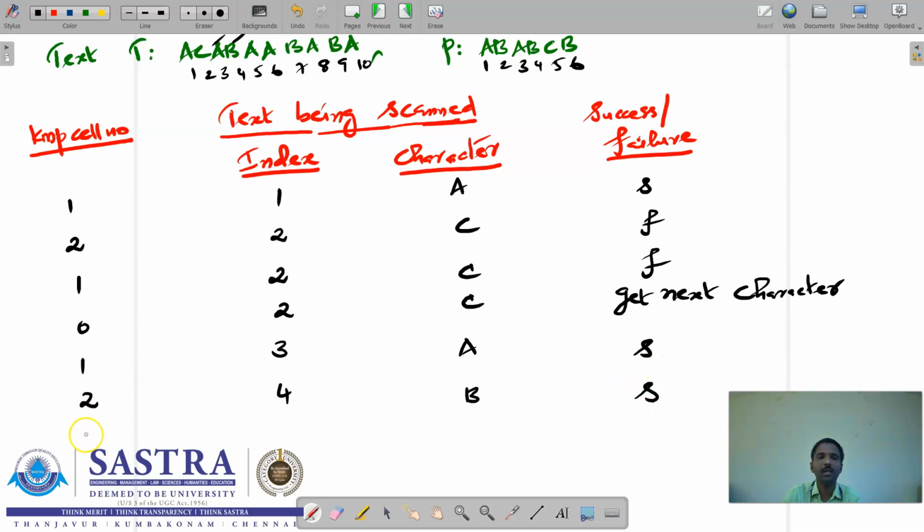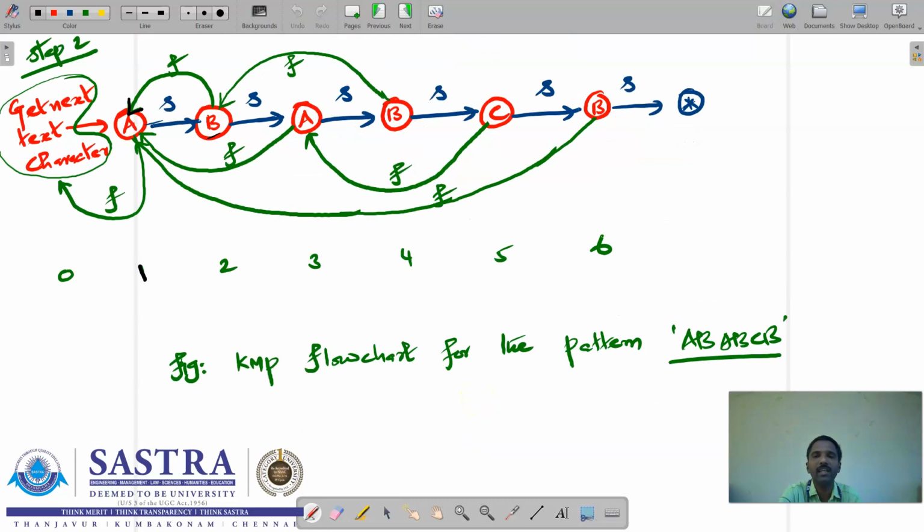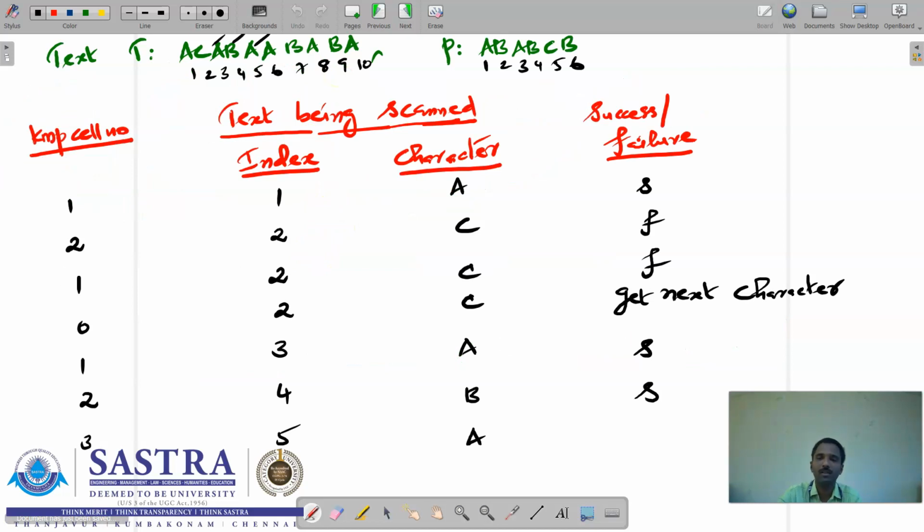Then cell number 2 is changed to cell number 3. Index is incremented by 1, the 5th one. The 5th character is A. At cell number 3, check if the character A is available. Yes, at cell number 3, the character A is available. So again, this results in a success.